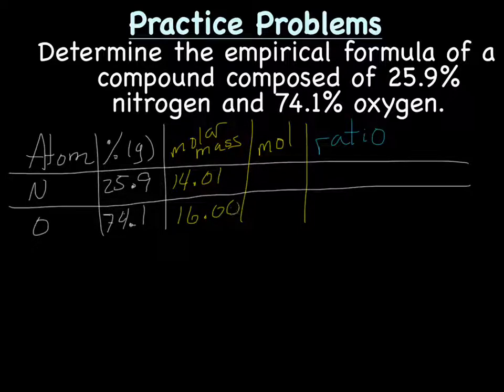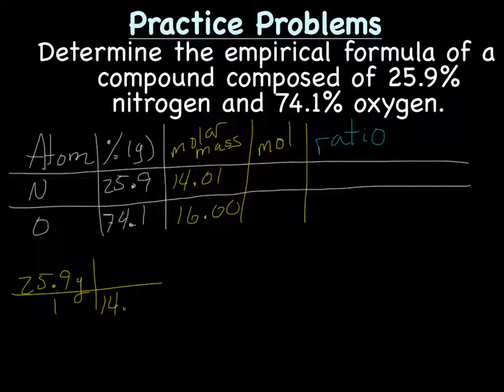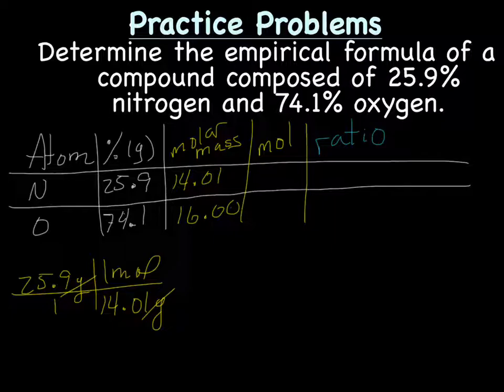Okay, so now if we try to figure out the number of moles, nitrogen is going to be 25.9 grams divided by 14.01 grams on the bottom, mole on the top. And that gives us 1.85 moles.